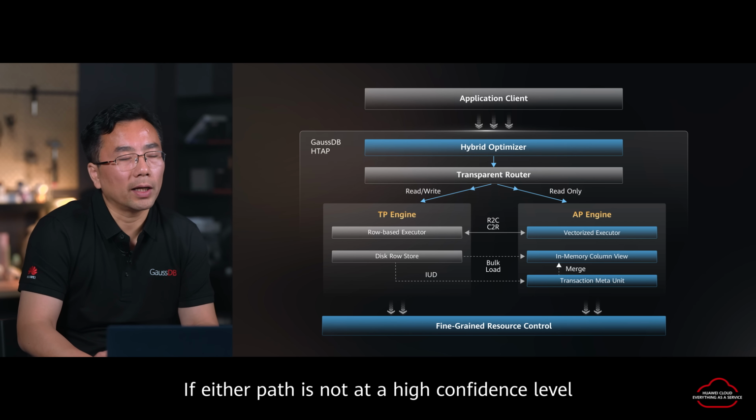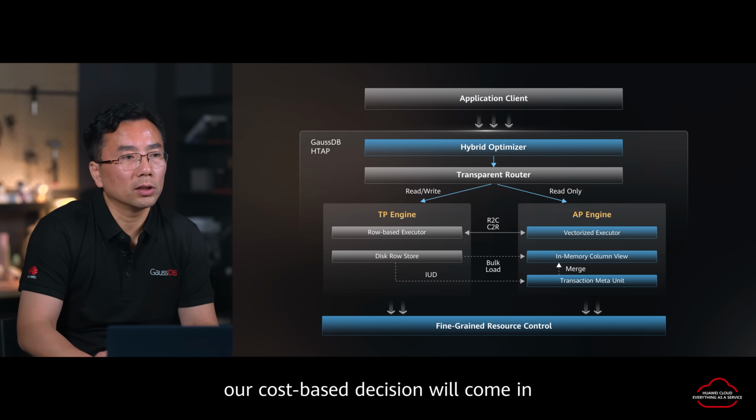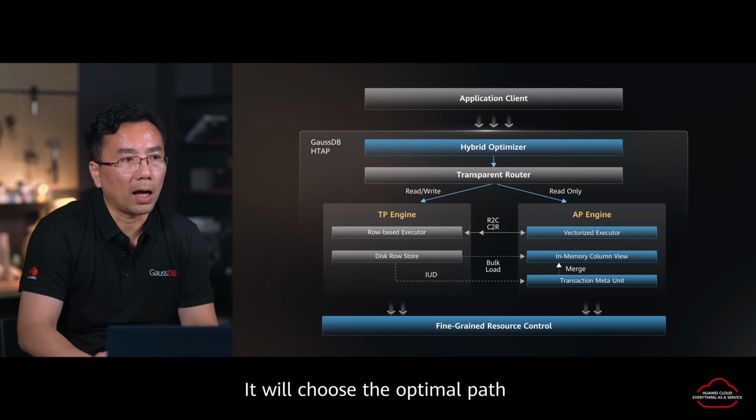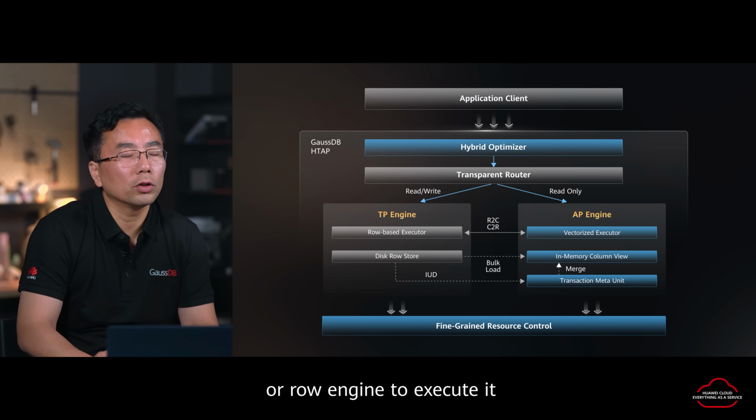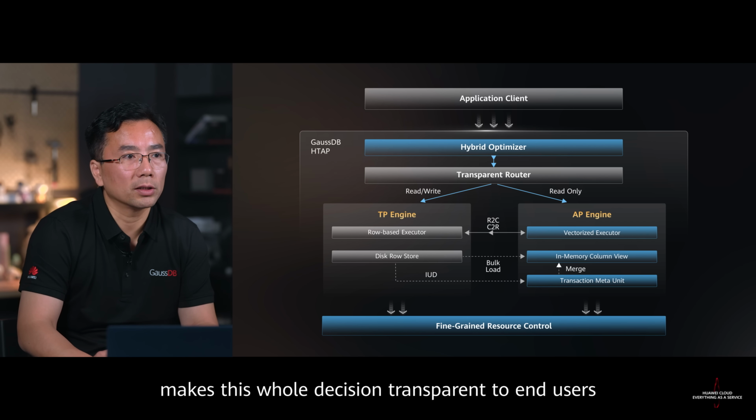If it can't give a high confidence level, our cost-based decision will kick in. It will choose the optimal path based on the cost-based decision, and it might use the column engine or the row engine to execute it. That's how GaussDB makes this whole decision transparent to the end user.